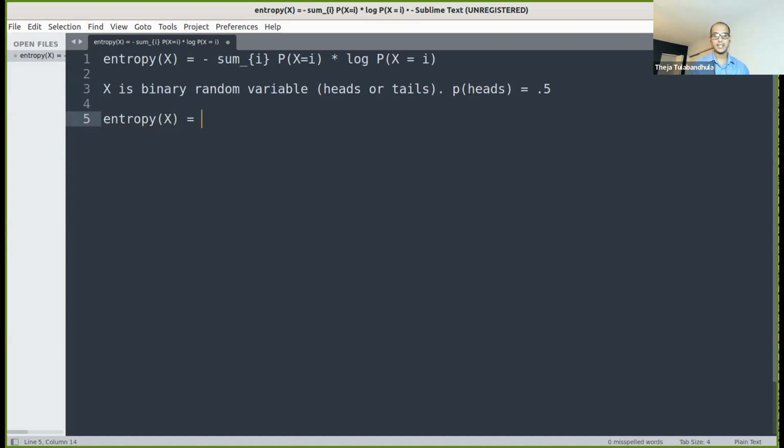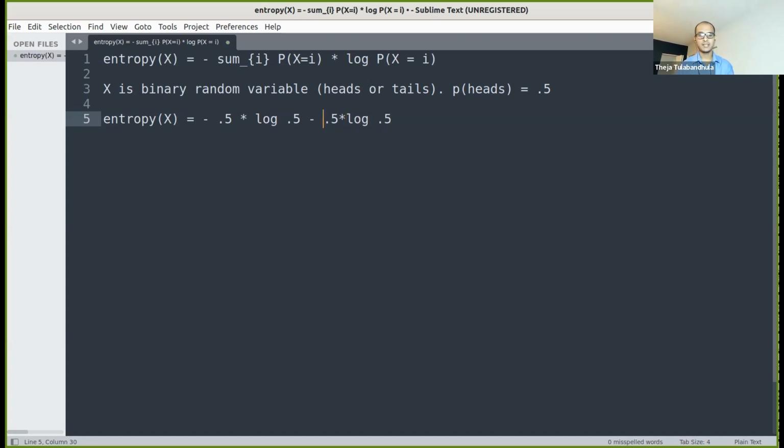This is just the negative sum. There's only two values X can take, heads or tails. For each one, the probability is 0.5 times the log, by the way log to the base 2, of 0.5.